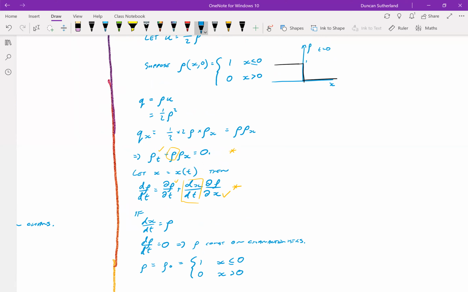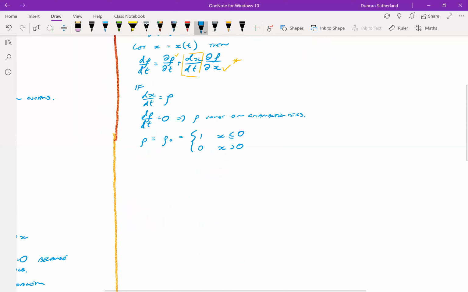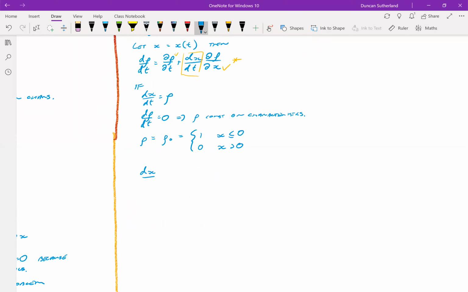We've now got information as to how we can actually solve these characteristics. The dx/dt equals rho defines the characteristic. So rho must be equal to rho naught because rho was constant on those characteristics.